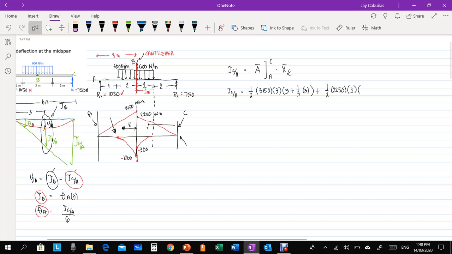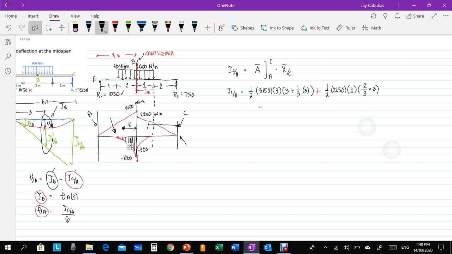Now, this is the centroid. So we have 2/3 of 3, minus the negative areas, since these are all negative areas. So that is equal to what? How are you going to compute the area?